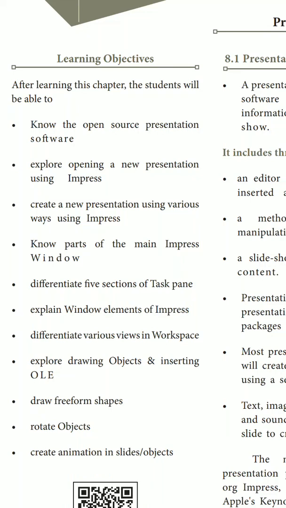Next is explaining the window elements of Impress. You can see that each one of the elements can be viewed here, or you can click on it, and what action is going on in the background, everything will be discussed in this chapter. Next is differentiating various views of workspace.